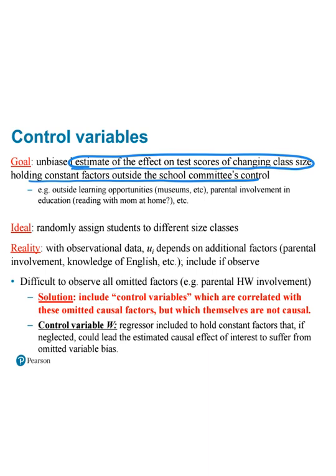Well, we have outside learning opportunities that might add to the richness of your education. We have parental involvement in education, reading at home with family. All of these things are variables the school really wants to happen, but is not anything that they can directly control.